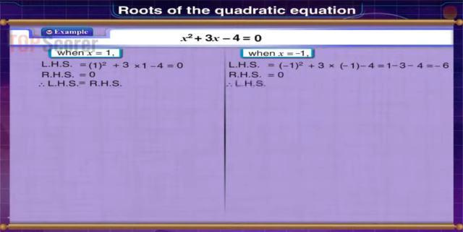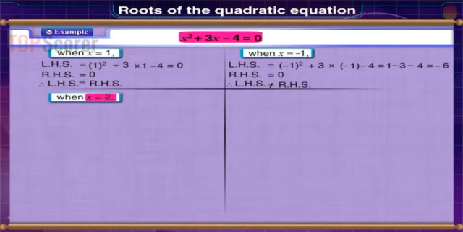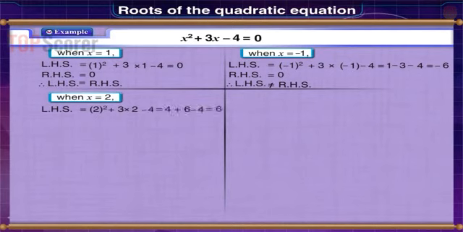No. Left-hand side is not equal to right-hand side. By substituting x is 2, the left-hand side is 2 squared plus 3 into 2 minus 4, which is 6. Is it equal to right-hand side?